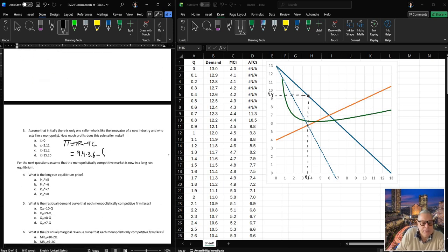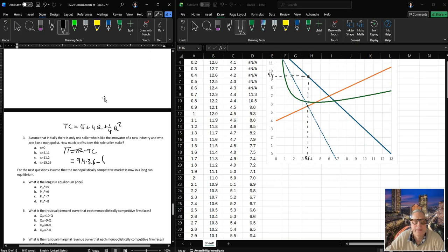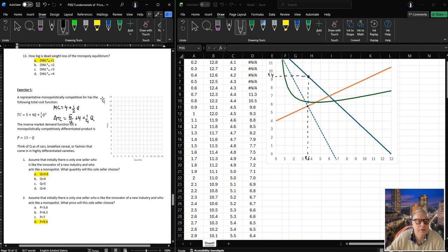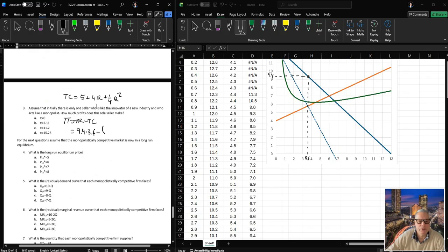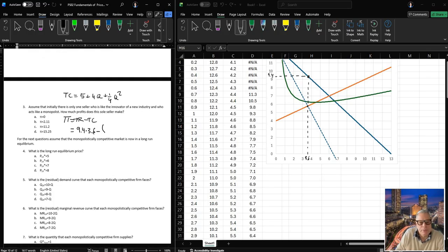So let's write that here again. So total cost was 5 plus 4Q plus 1/4 Q squared. Was that correct? 5 plus 4Q plus 1/4 Q squared, correct. So minus 5 plus 4 times 3.6 plus 1/4 times 3.6 squared.